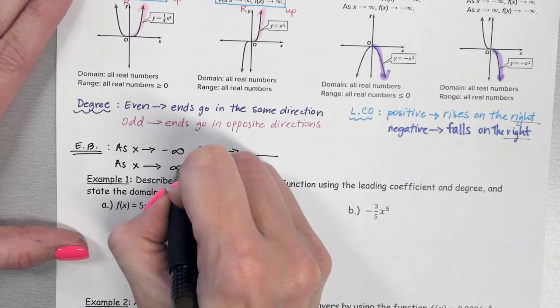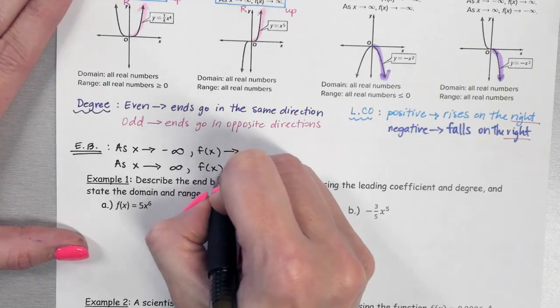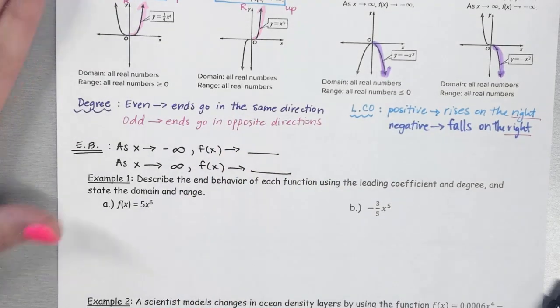But they're always going to have a right side and a left side. So as x goes to the left, what does the end do? As x goes to the right, what does that end do? That is what we're going to be writing down today. So that statement there, that's what you're going to be filling in whenever it says to find the end behavior.